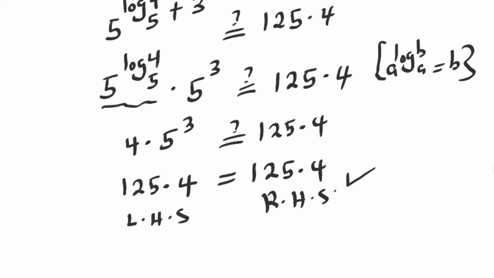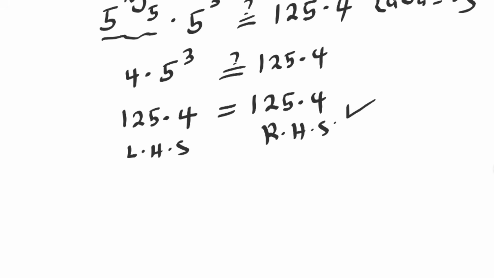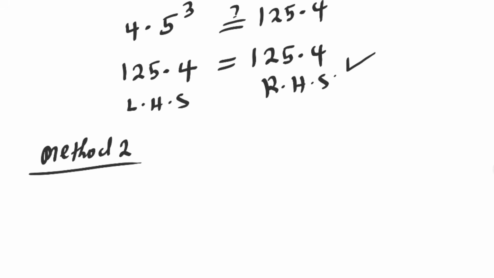Then let us solve this using another method, called the second method, which is the method of natural logarithm. We have the given equation 5 raised to power x plus 2 is equal to 125 multiplied by 4.